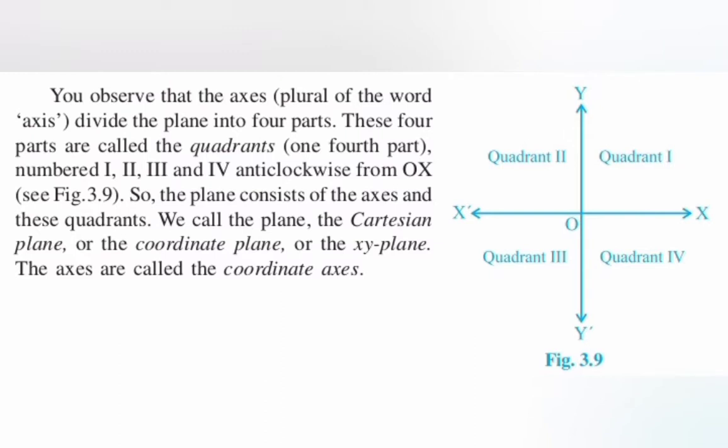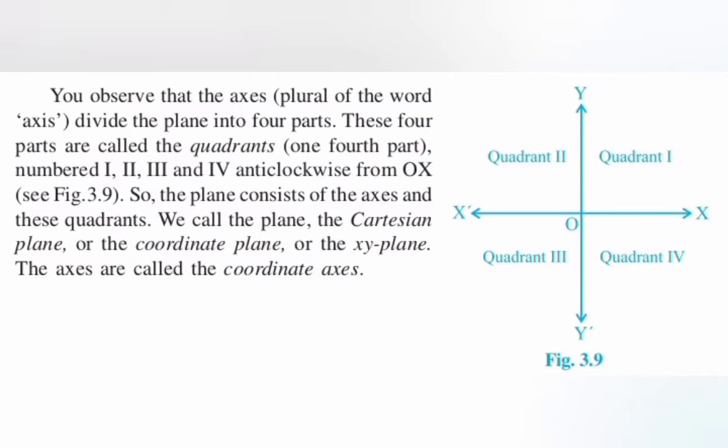Okay. So the plane consists of the axes and these quadrants, that is quadrant 1, quadrant 2, quadrant 3, quadrant 4 and the axes, that is x-axis and y-axis. We call the plane the Cartesian plane or the coordinate plane or the xy plane. The axes are called the coordinate axes. Okay.